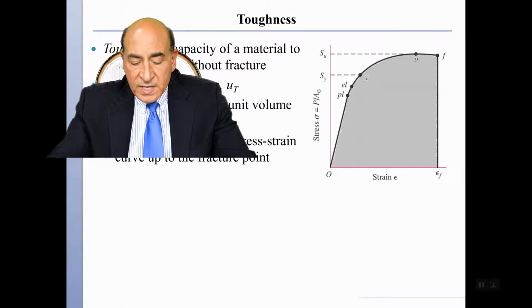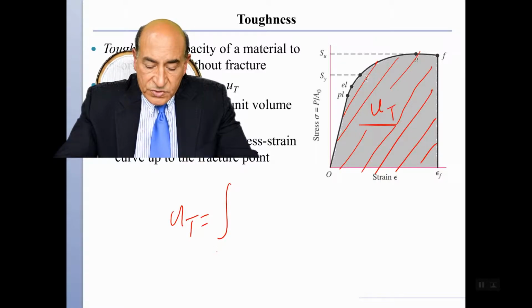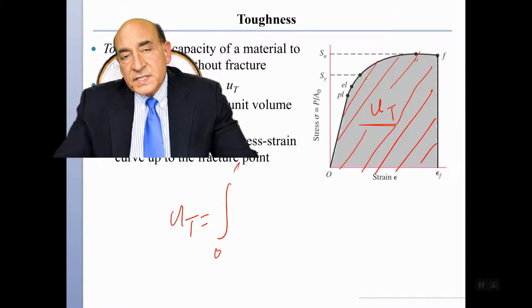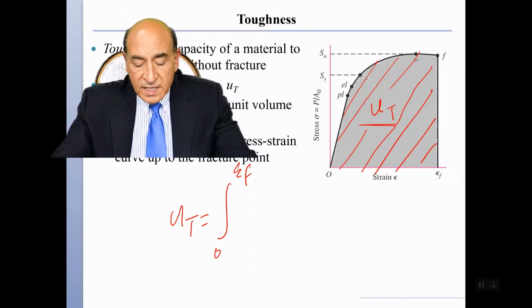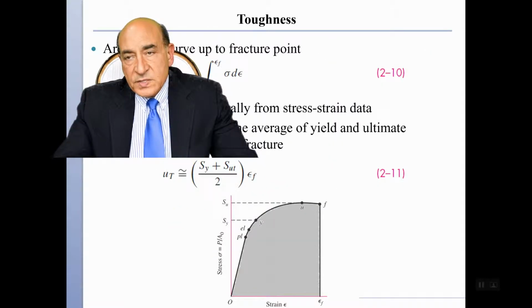So U sub T, the modulus of toughness, is the area under the curve, and we can define it. U sub T is the integral from 0 to epsilon F, where epsilon F is the failure strain of the material, of sigma d epsilon, regardless. So part of it is going to be elastic and the other part is plastic.